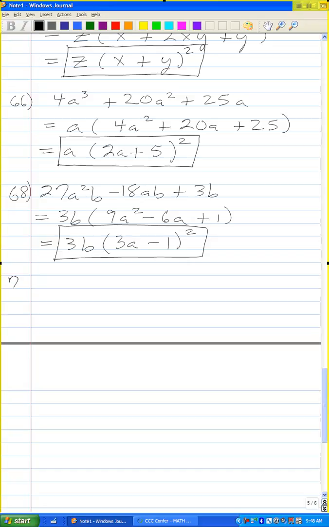Problem 70. 128a cubed b plus 64a squared b squared plus 8ab cubed. And so I guess I can factor out 8ab.